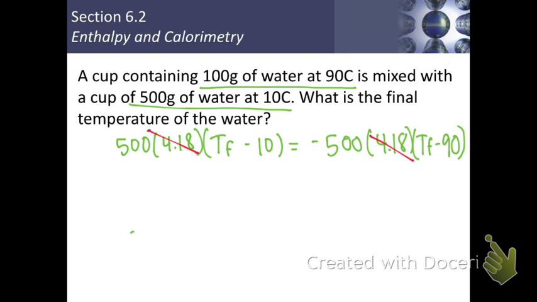How do we get the same grams? Oh, no, you didn't. I just wrote it wrong. This one should be a 100, right? Off my game today. Okay, 100 grams, 90. It's the one that's giving, so it gets the negative. I will tell you, forgetting to add in that negative is a common mistake. So just be really diligent about thinking through that negative. But we can get rid of the 4.18 since it's on both sides.